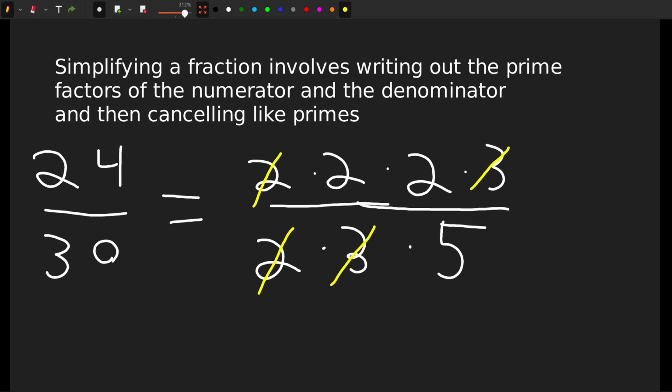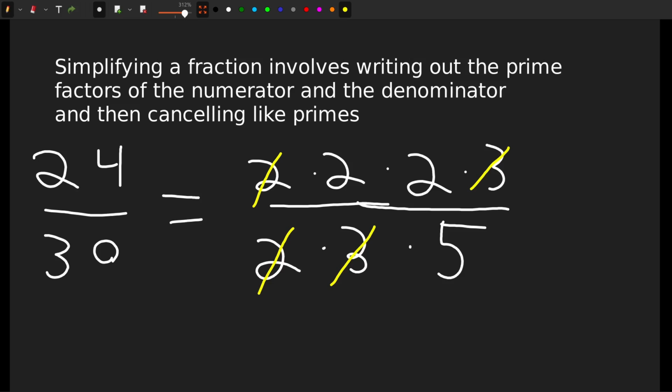So I'm going to cancel those out. Notice that I did not cancel out the other 2's because there are no other 2's on the bottom. I can only cancel out one of each at a time. If there were more 2's on the bottom, then I could cancel out the 2 2's remaining in the numerator, but I can't. Similarly, I can't cancel out a 5 in the denominator because there's no corresponding 5 in the numerator.